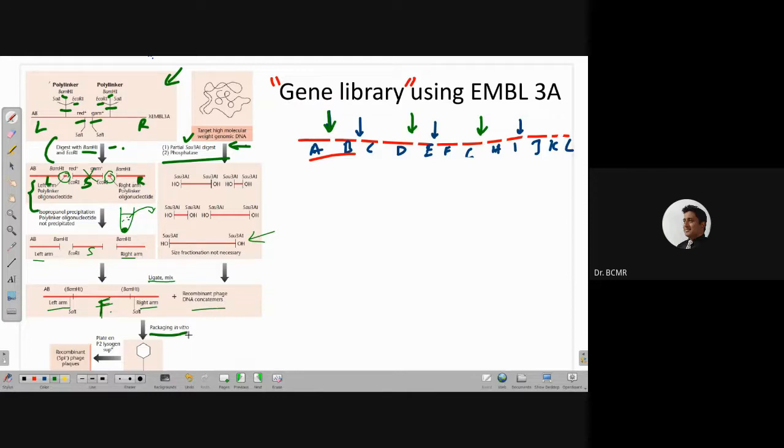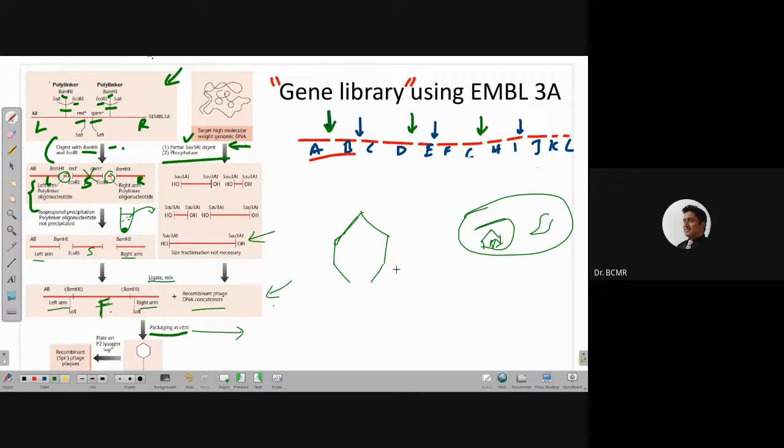When we do in vitro packaging, normally lambda phage packaging would have happened within the bacterial cell. Once the genome is produced and the head particles are there, the genome is packaged into the head particles. But what we do artificially is use the concatamers we have made here.